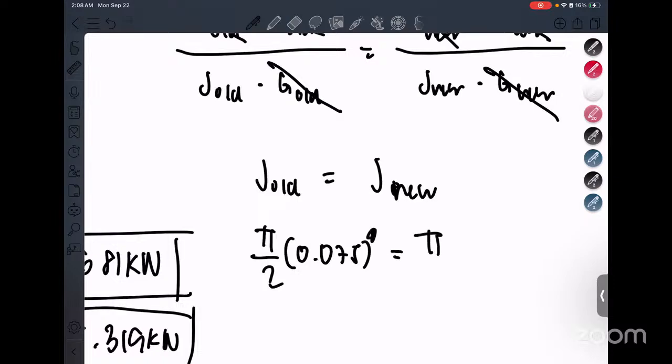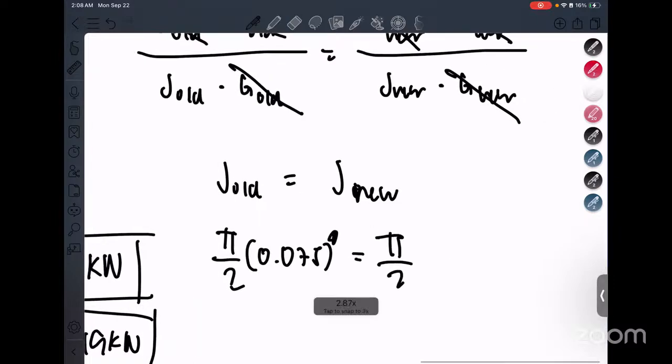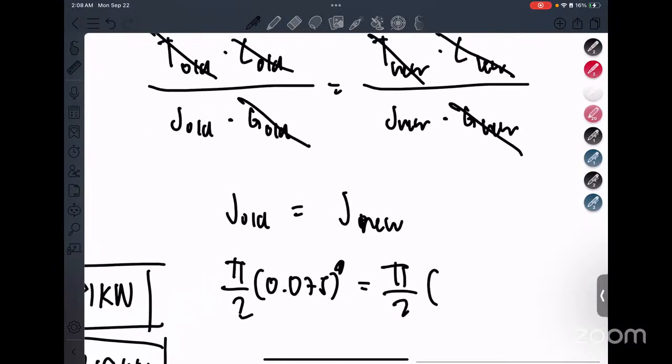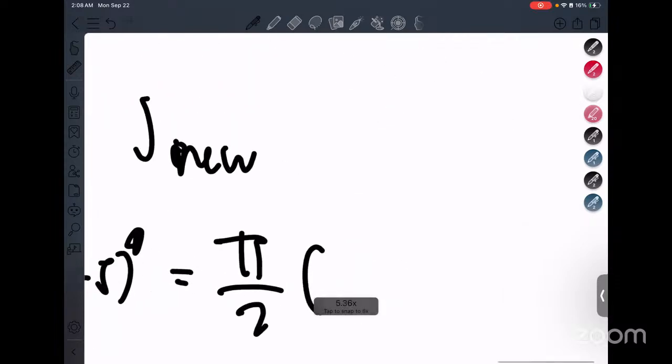This is equal to pi over 2 times, so what we're looking for is the thickness. To have thickness, you must first have an inner and an outer radius. Outer minus inner radius is thickness. So we first find the inner radius, so that we can derive the thickness.